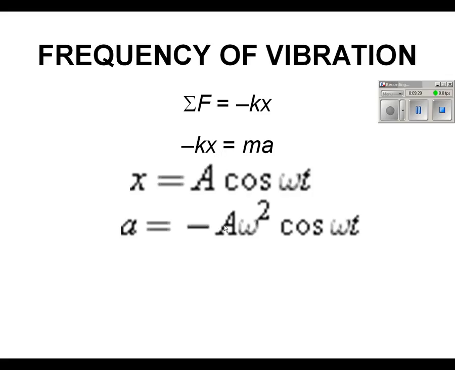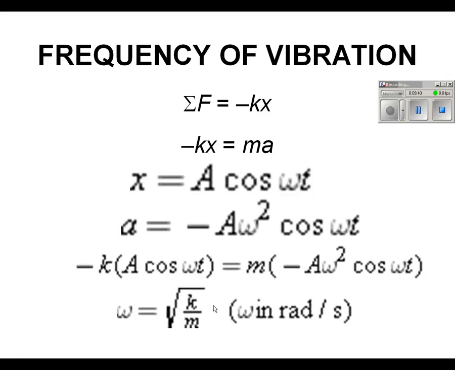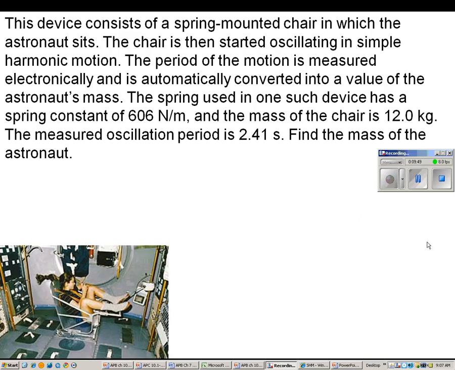Acceleration is negative A omega squared cosine omega t, plug that in right there. We end up with this here. And when we cancel out our cosines and rearrange our equation, solving for omega, we end up with another equation for angular frequency: omega is the square root of k over m.